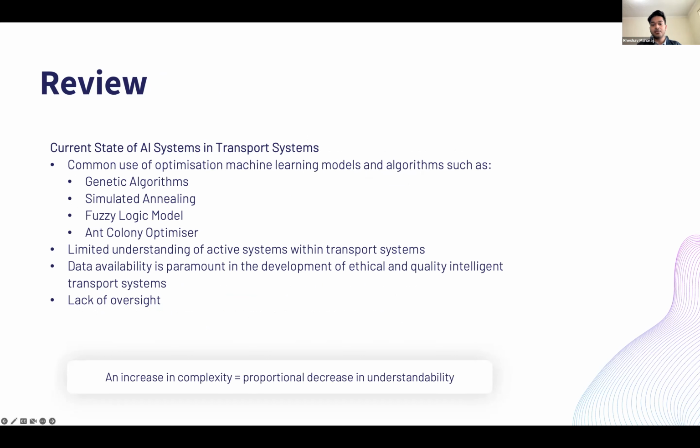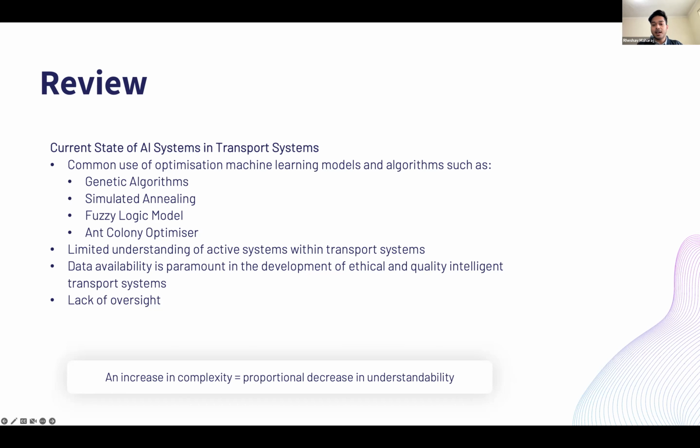You'll see there's a lot of optimization-based models being in use for current systems. These include genetic algorithms, simulated annealing, fuzzy logic models, and colony optimizer.